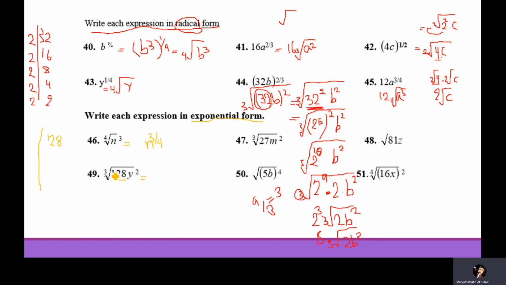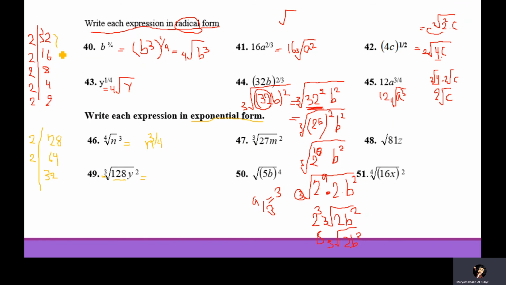That's why you are looking for a number that will be a multiple of 3. So divide this by 2, you will have 64. Again, by 2, you will have 32.